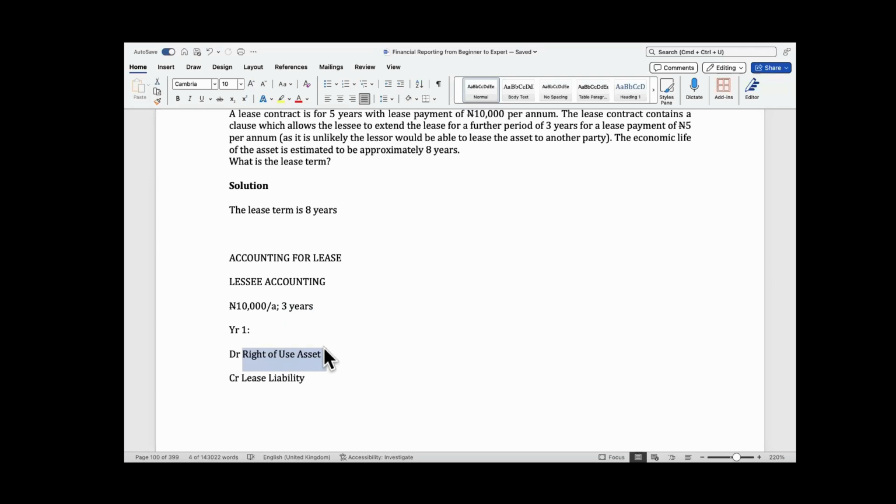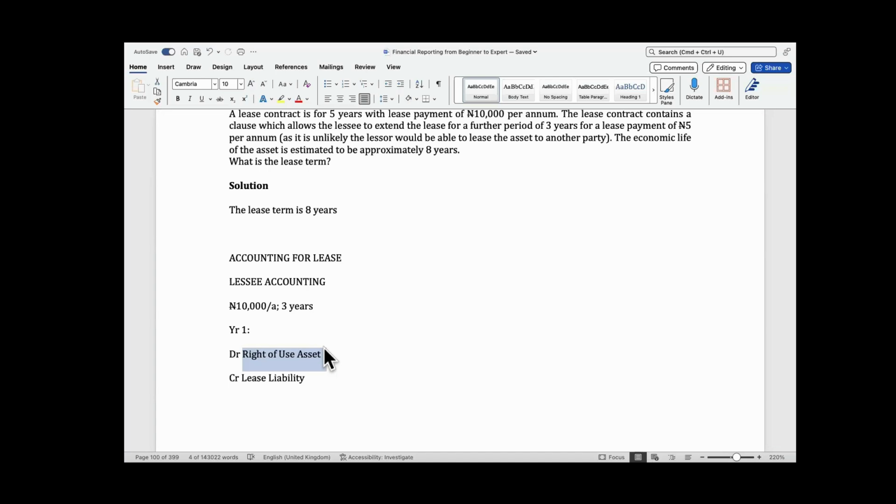So now we are putting this as assets in the books of the lessee because for 3 years, for the lease term, the lessee has right to control the assets. And anyone that has right to control an asset should recognize that asset in its books.